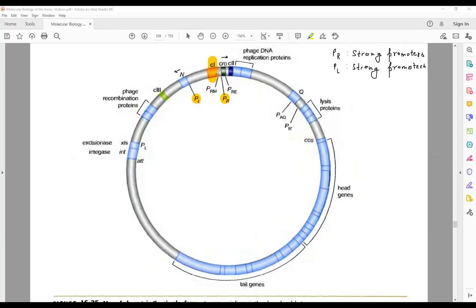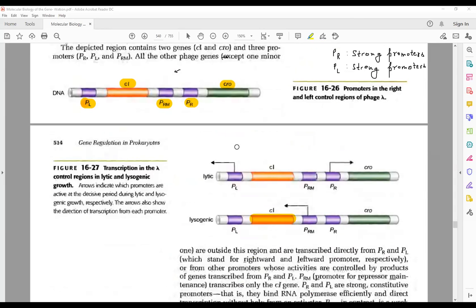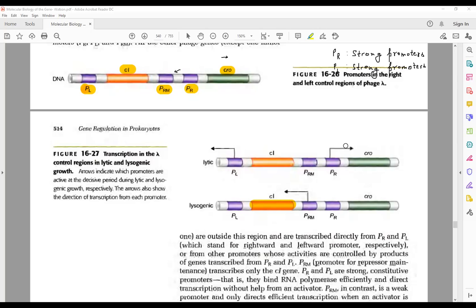Now, once the transcription has taken place, then the transcription of another gene will begin. One is referred to as the C-second transcription activator that you can find here, and the Cro gene. See, PR is going to transcribe the genes in this particular direction.